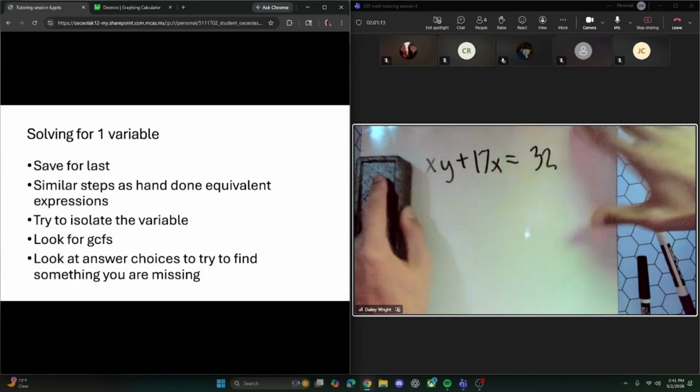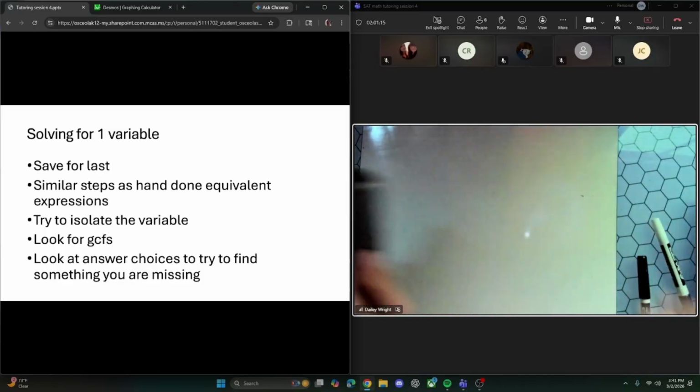But a lot of these questions are really, really tough. And a big thing you want to do when you're looking at these problems is look for those greatest common factors. Those greatest common factors are going to make everything so much easier. Plus, the answers always factor out a GCF, most of the time.